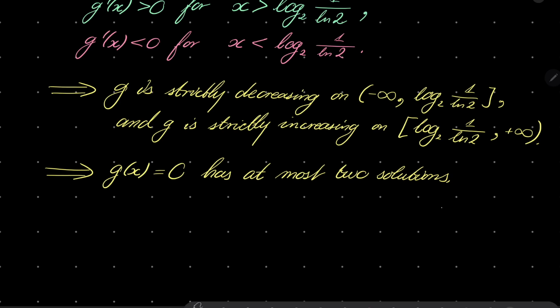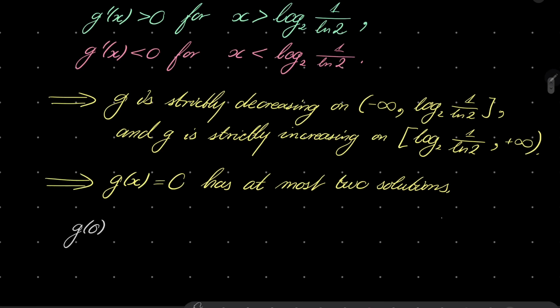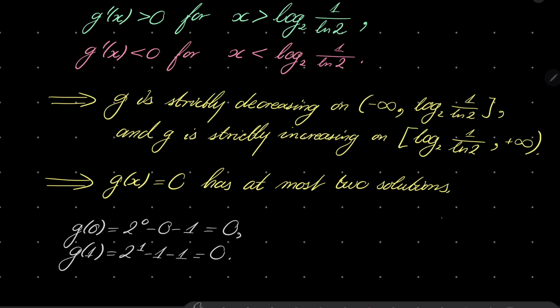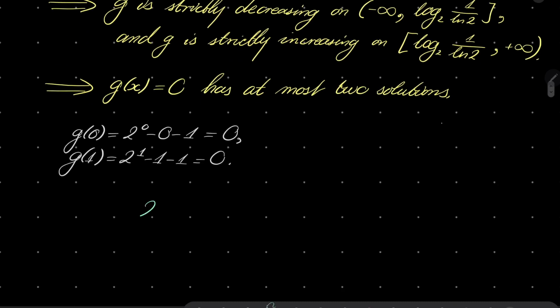Alright, so can we guess two solutions? Well, what is g of 0? g of 0 is 2 to the power of 0 minus 0 minus 1. It's 0. And what is g of 1? It's 2 to the power of 1 minus 1 minus 1. It's also 0. So we have exactly two solutions, 0 and 1. I will write it: 2 to the power of x equals x plus 1 if and only if x is either 0 or 1.